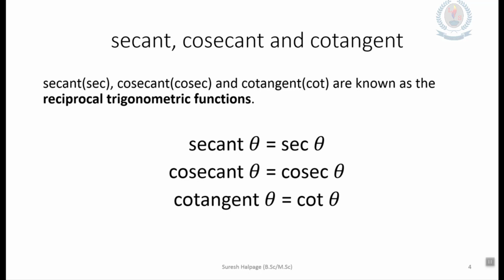It could be angle x, or any letter you like. You would most probably say sec theta. Cosecant theta is said cosec theta. Cotangent theta, you will say cot theta.